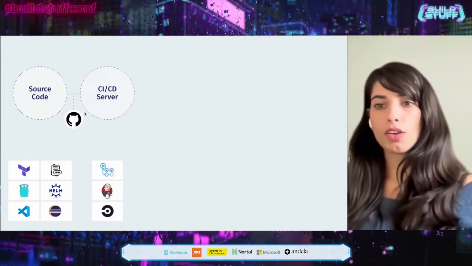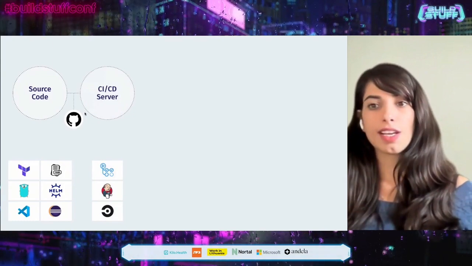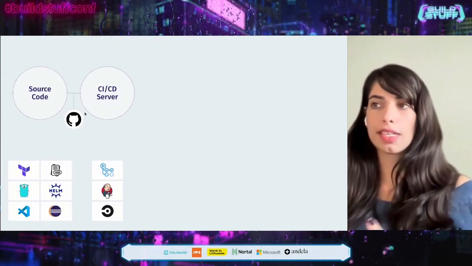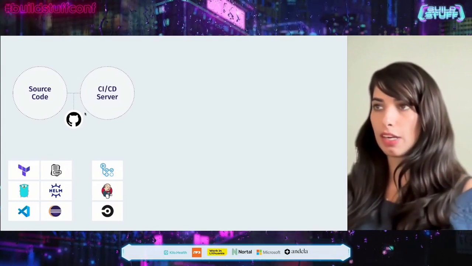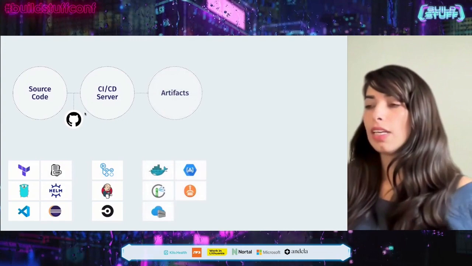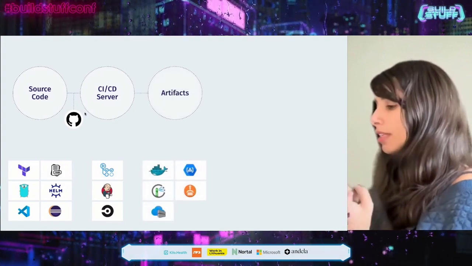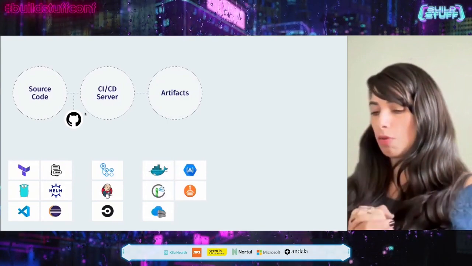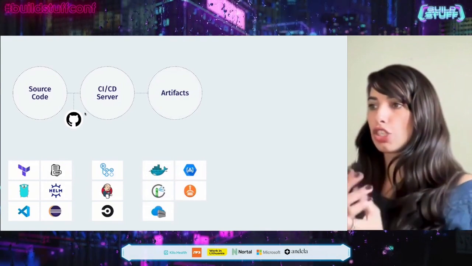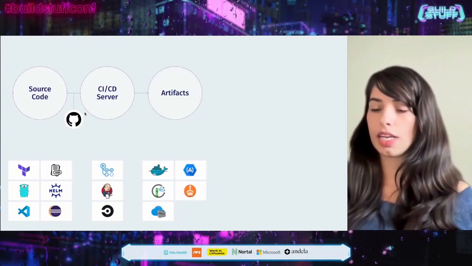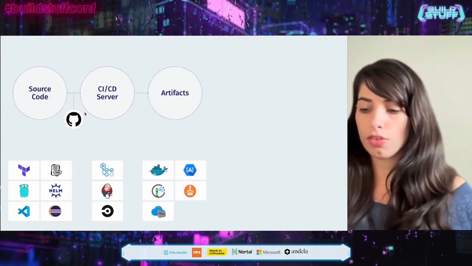And then we're going to the next step, to the CI/CD server, where we're seeing GitHub Actions, Jenkins, CircleCI, etc., where we're building our application. Also, the artifact: after we are building our application, what are the registries where it is stored? We have Docker Hub and Harbor here, and Amazon and Google have their own.